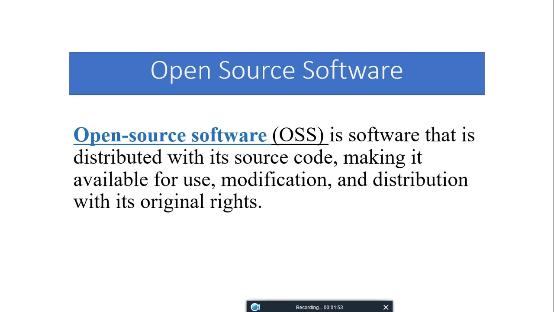It is a software that comes with its source code, and the source codes are the blueprints of the software. With that, you have the right and authority to do any modification to the software to suit your specification.